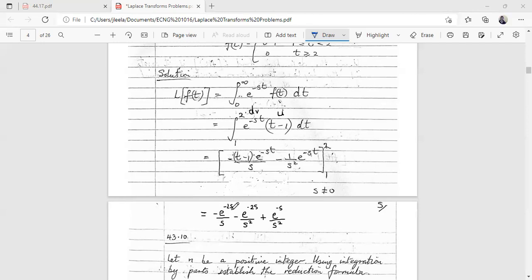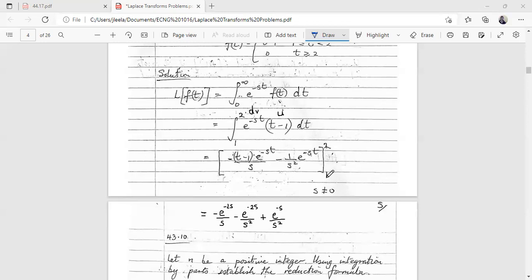So that is the first term, right? And then you're putting the 2 in this term as well. So you have minus e to the minus 2s over s squared. So that is the second term, right?